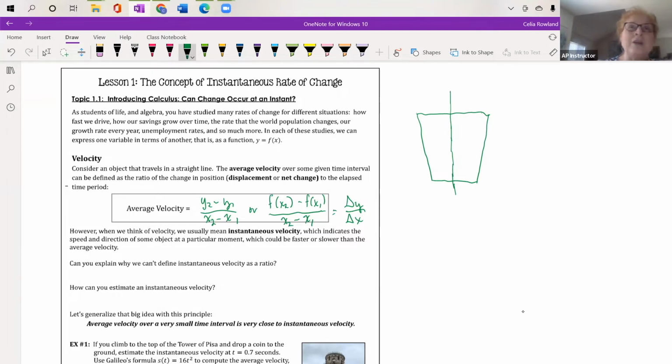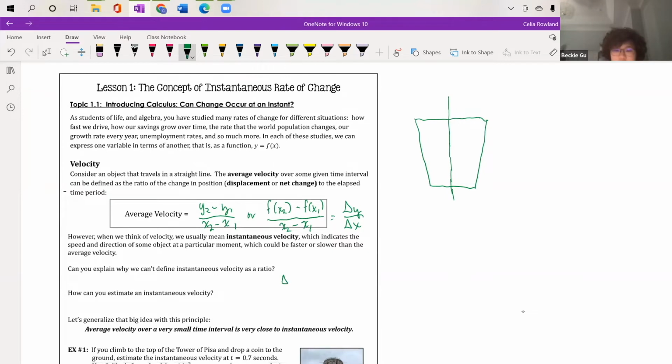We can't define instantaneous velocity as a ratio like we can with average velocity, because the x's are so close together that basically delta x is equal to 0, over some delta y, and that's not defined. Does that make sense?